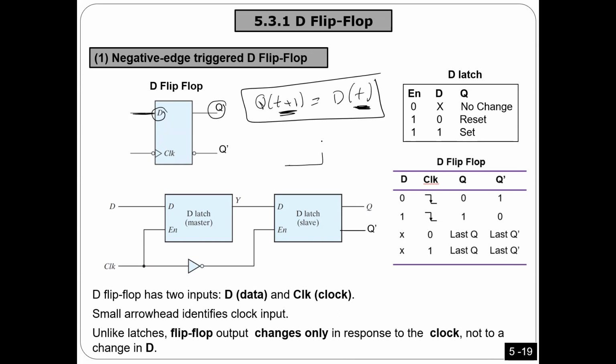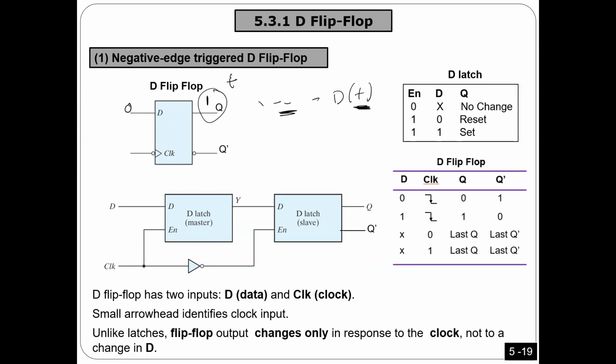When I say Q of t plus 1 and D of t, what does it mean? It means if you have a clock, we agree it has to work on a certain clock edge. In this case it is falling, not rising, but anyway. Whatever is before the clock, I call time t. Anything after the clock is going to be the new state. For example, very important to understand: if you have here 1, and then I put here 0, is that okay? So the current state is 1.